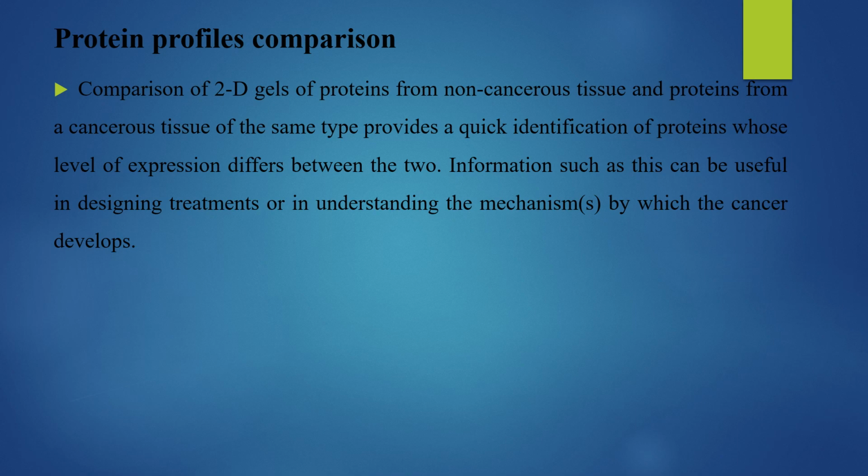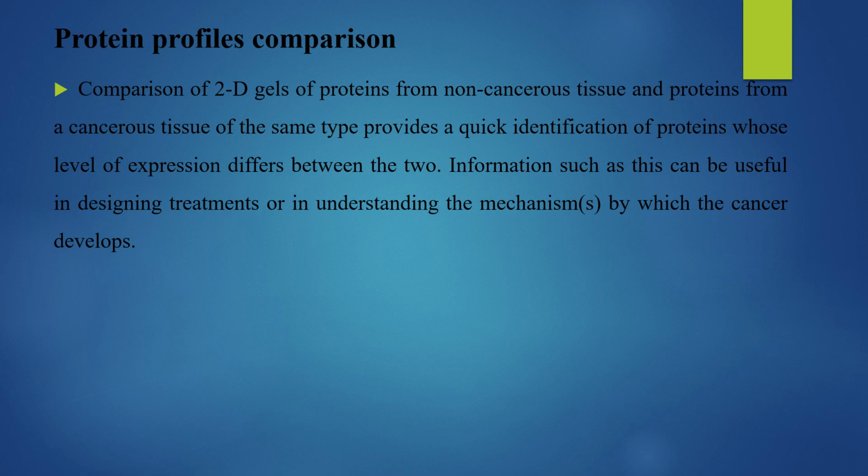Now, protein profiles can be compared based on this. So comparison of 2D gels of proteins from non-cancerous tissue and proteins from a cancerous tissue of the same type provides a quick identification of proteins whose level of expression differs between the two. Information such as this can be useful in designing treatments or in understanding the mechanisms by which cancer develops.